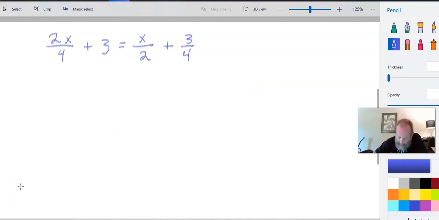All right, so you're back now. Let's go ahead and take a look. So in the interest of getting rid of fractions, I can multiply by the common denominator, and I have to multiply every single term by the common denominator. In this case, it would be 4.